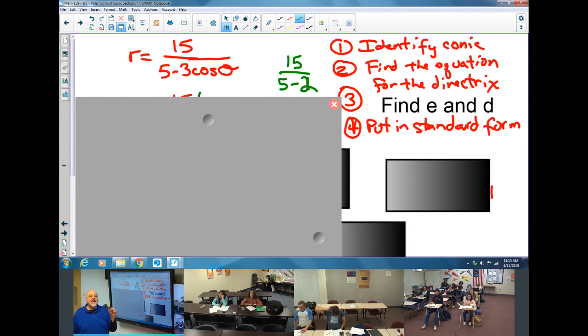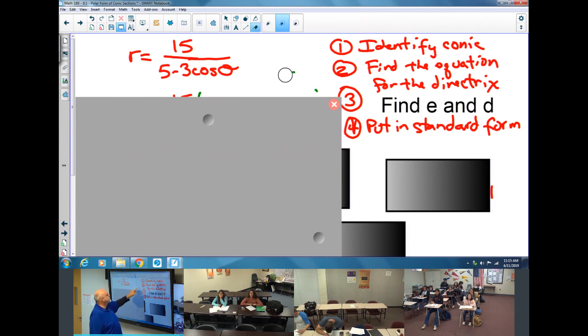No, you can only cancel factors. And 5 is not a factor here, so you cannot cancel it. But that's a good guess, it's a good thought. But no, you can't cancel the 15 and the 5. So how am I going to make the 5 a 1?